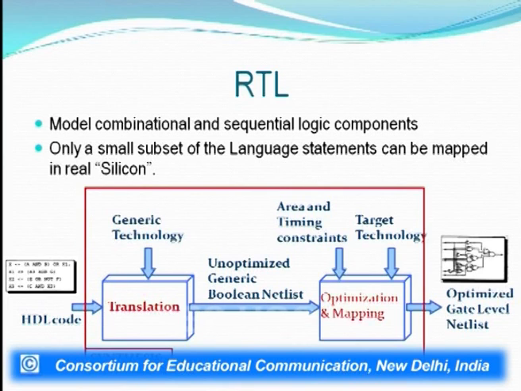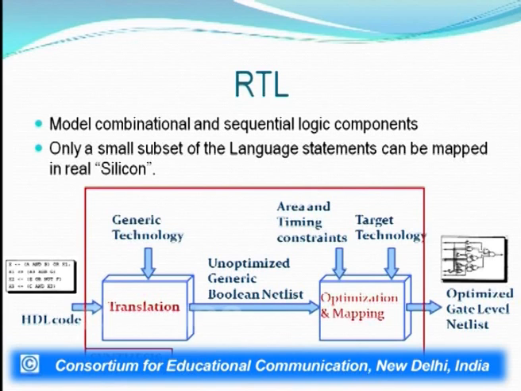The unoptimized generic Boolean netlist that is generated out of this is sent for optimization and mapping, along with area and timing constraints which are fed into it, and the target technology for which this particular RTL description is meant. And finally, we come up with an optimized gate level netlist, which is later utilized for the purpose of fabrication of the IC.